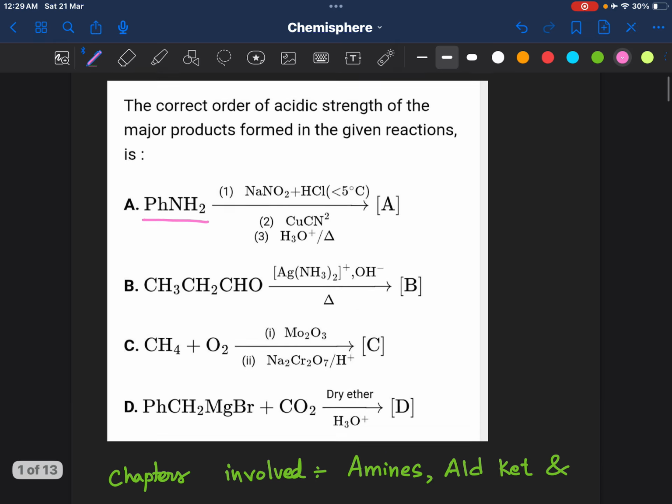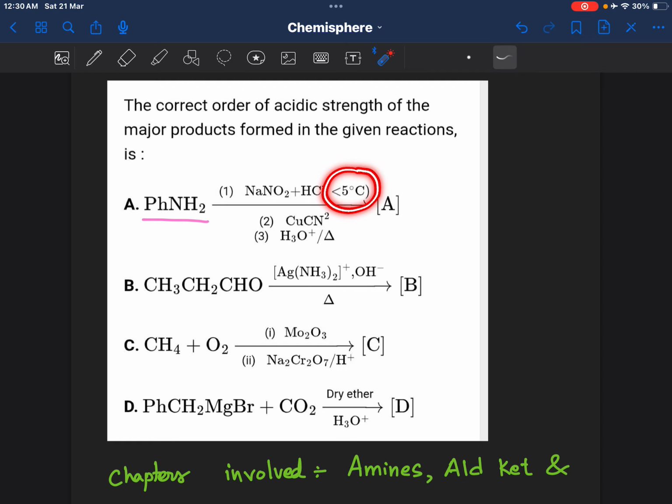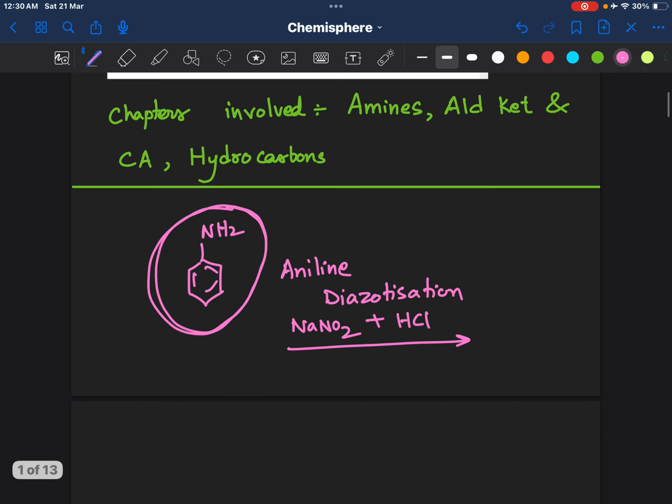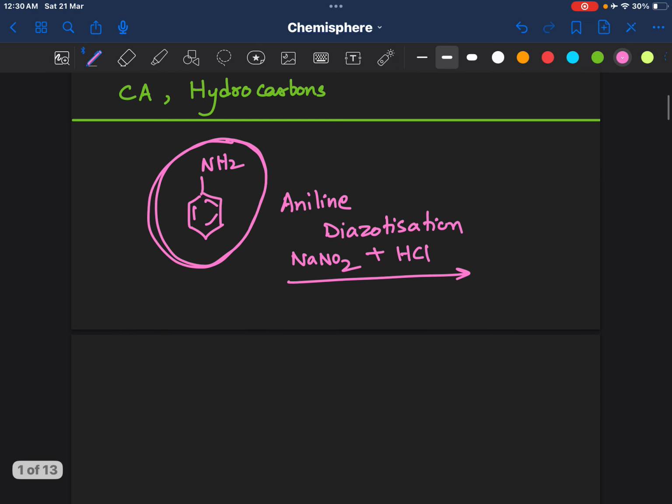Just some extra information: why do we need the temperature less than 5 degrees Celsius? Otherwise, instead of getting diazonium salts, we will be getting phenols. We don't want that, so it's important to keep the temperature below 5 degrees Celsius. When we do the first step in A, the primary aromatic amine gets converted into a diazonium salt, and it looks like this.